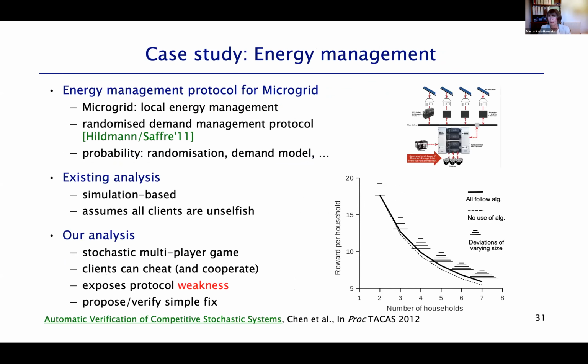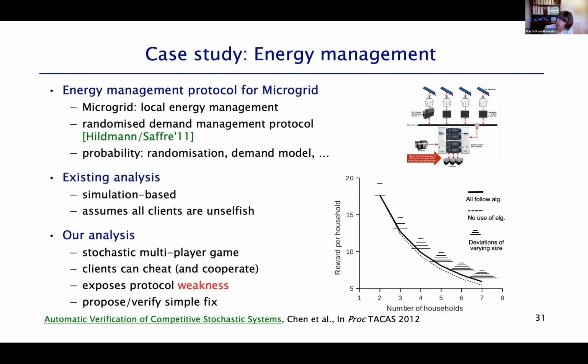Okay. And with this, what we have done is we have analyzed an example, which was a real protocol, energy management protocol, and the protocol was analyzed using simulation. It was actually deployed in Kent for a group of houses as a kind of mini grid application where energy would come from a variety of sources.